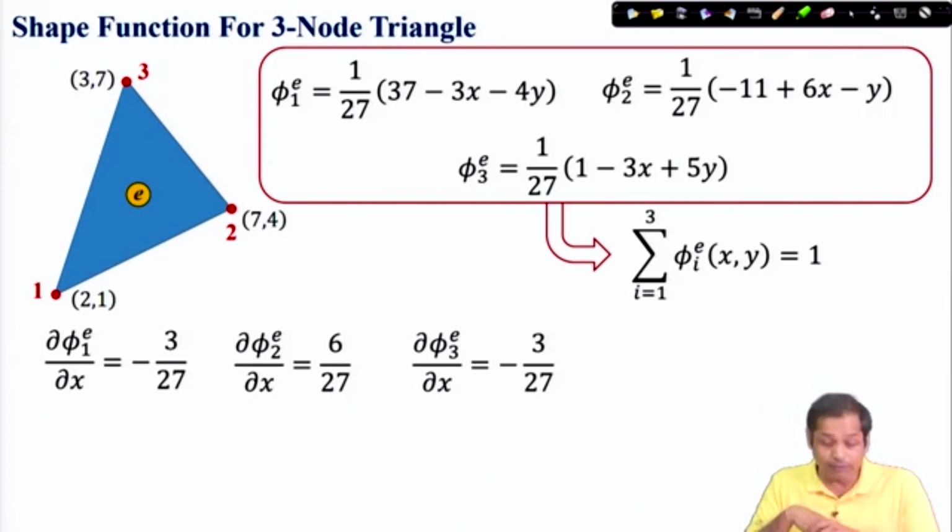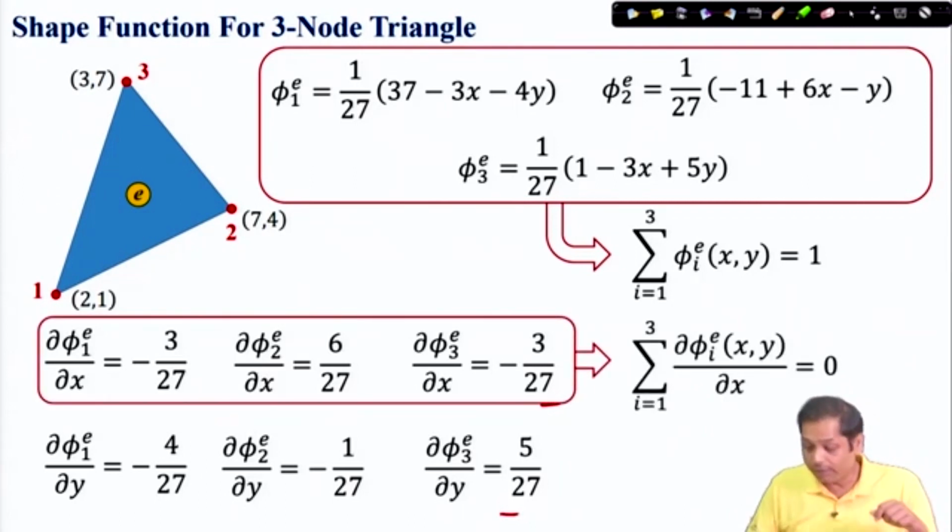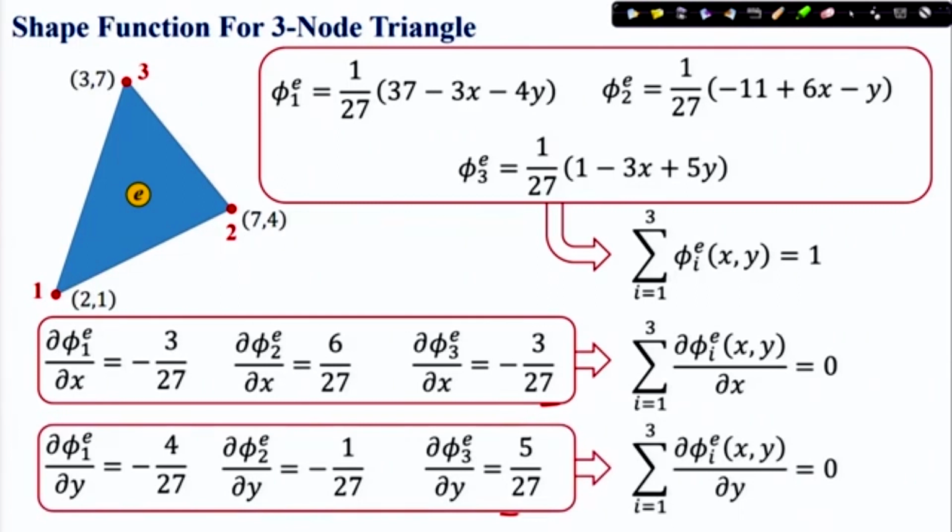So we need to find the derivatives of phi with respect to x and with respect to y. The derivatives of phi with respect to x look like this, and with respect to y are this. If we add them, you will see this is equal to 0, and if we add this, this is also equal to 0.